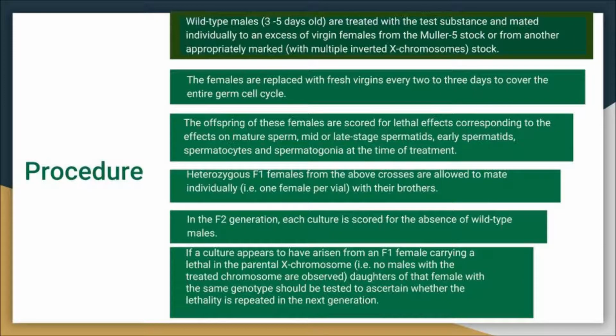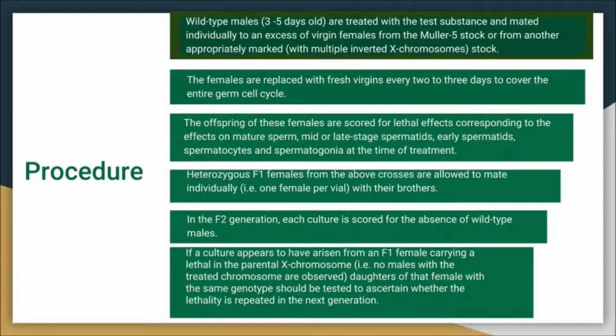Then, the females are replaced with fresh virgins every 2 to 3 days. The offspring of these females are scored for lethal effects, corresponding to the effects on mature sperm, mid or late-stage spermatids, early spermatids, spermatocytes, and spermatogonia at the time of the treatment.